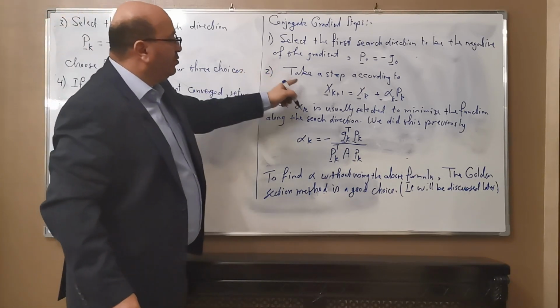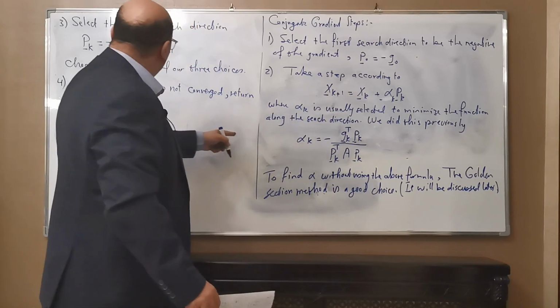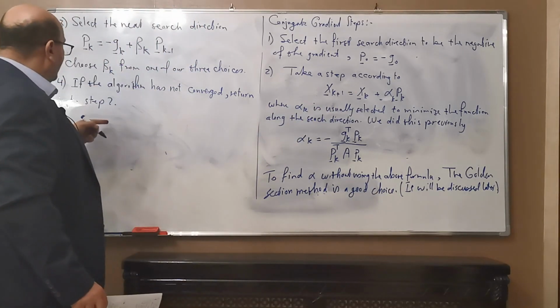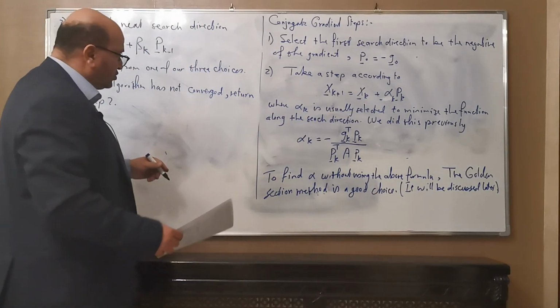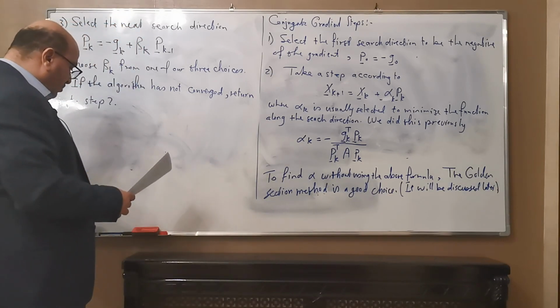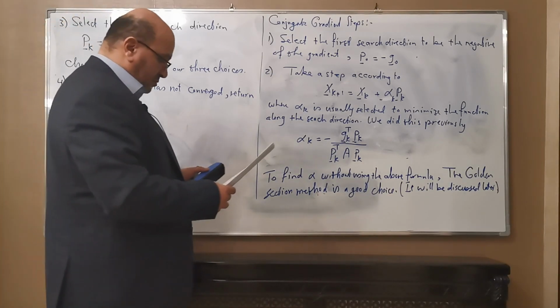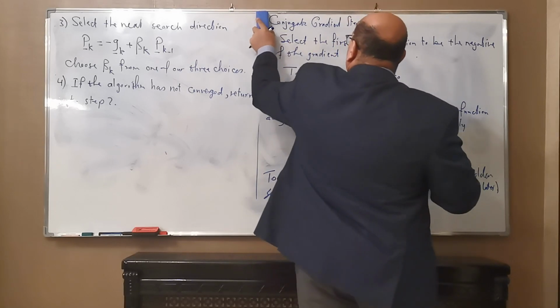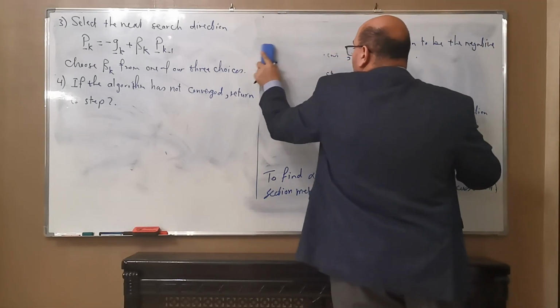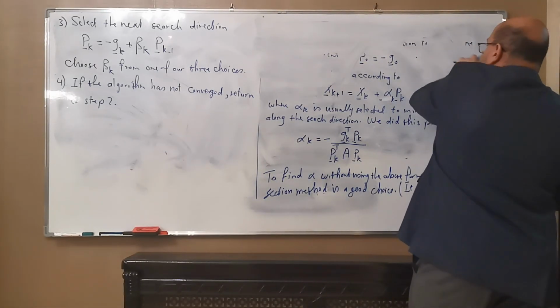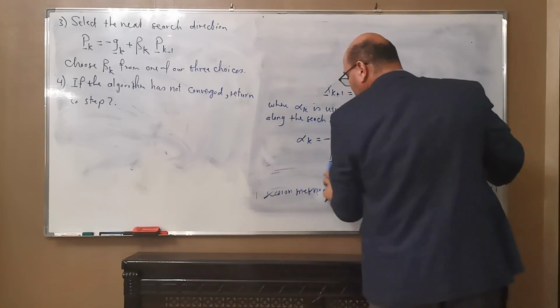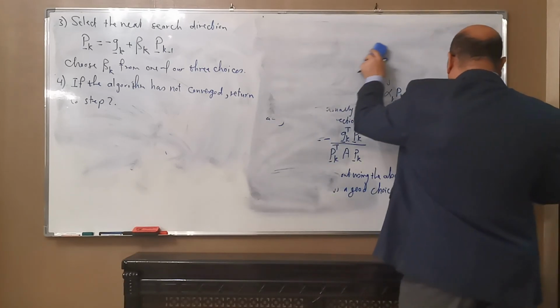So we go to step 2, find x of k plus 1, go to step 3, find next pk, and then check the algorithm once again for convergence. So, okay, I'm going to take an example and discuss those 4 steps together with you, and see what will happen with our example.